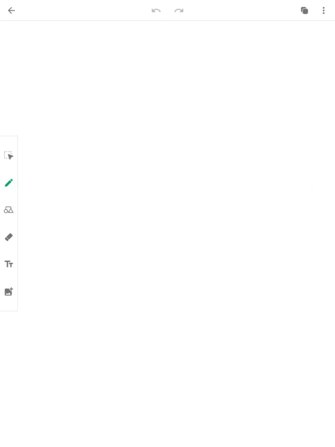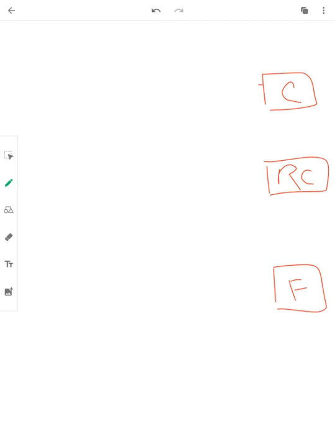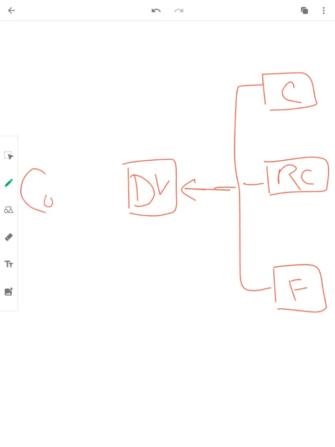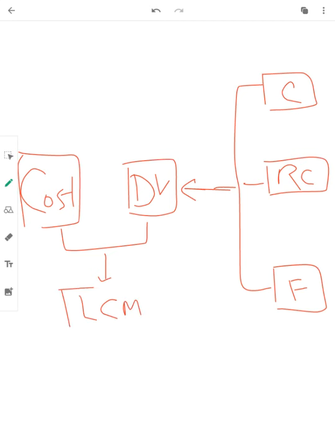So the example is like this: we got ceiling, we got replacement, and we got floor. From them we try to find a mid value, which you can say is the designated value, and then we compare this designated value with the cost of purchase or cost of manufacturing. When we compare it, from there we get the lower value, or we apply the LCM rule to it.